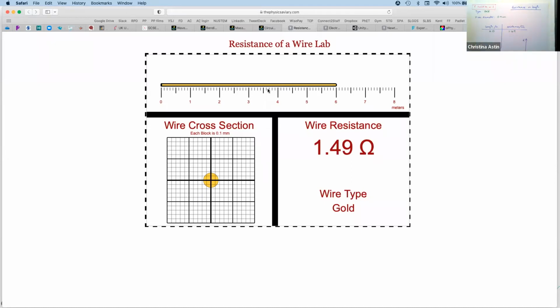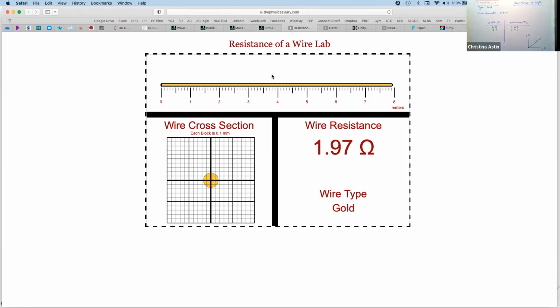I click again and I get 7.9 meters. And you could talk about precision of measuring equipment here, only measuring to the nearest 0.1 meters, not very good. 1.97, etc. And if they plot a graph, they really should get a very nice linear straight line through the origin, because resistance and length are proportional.